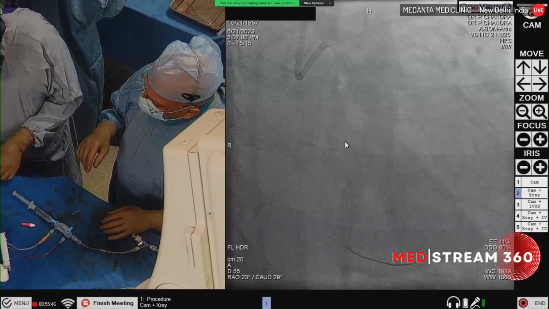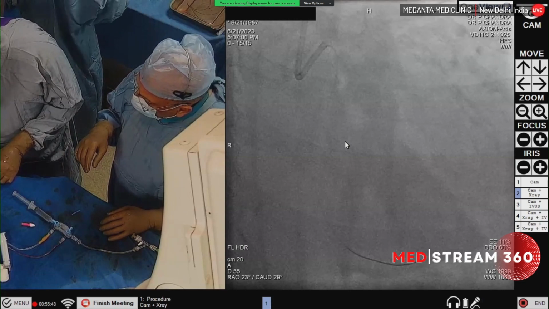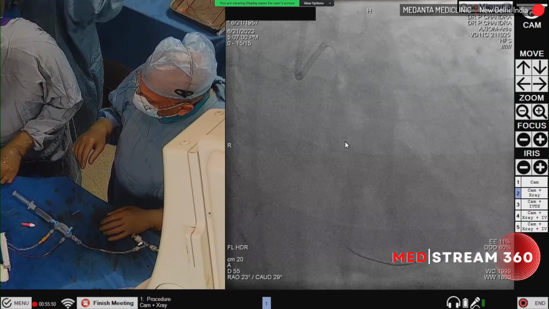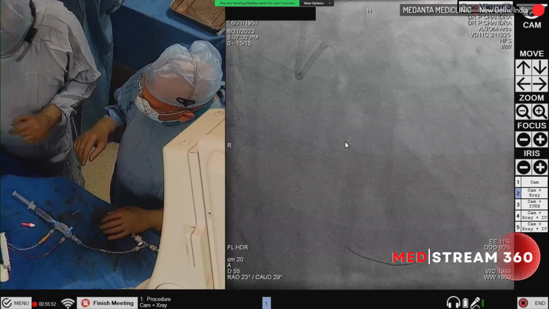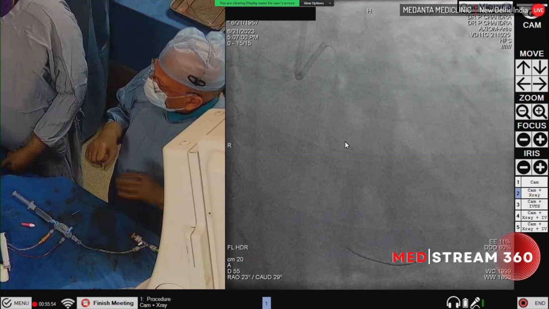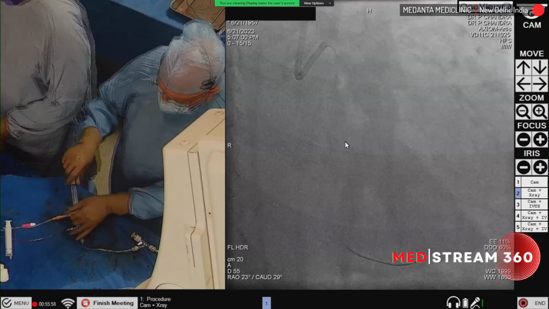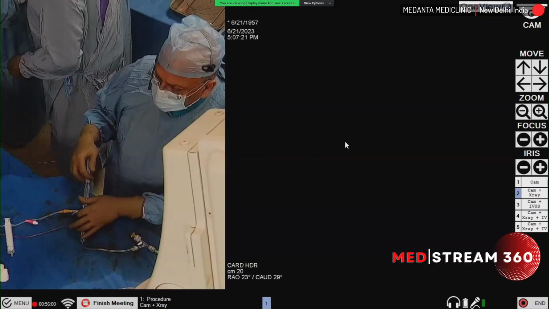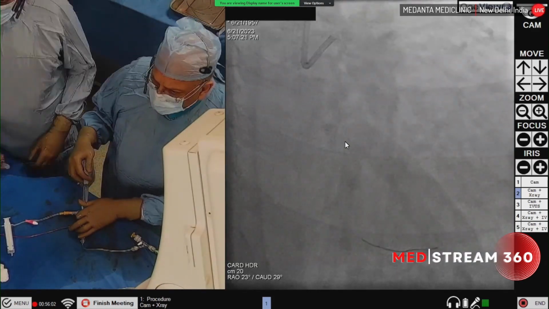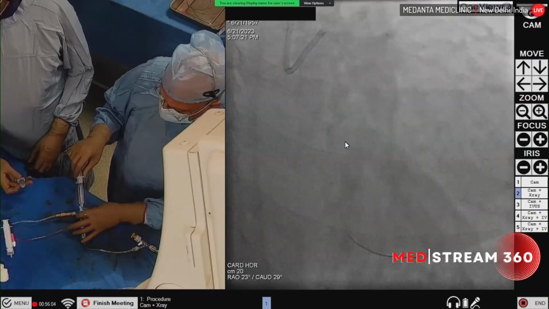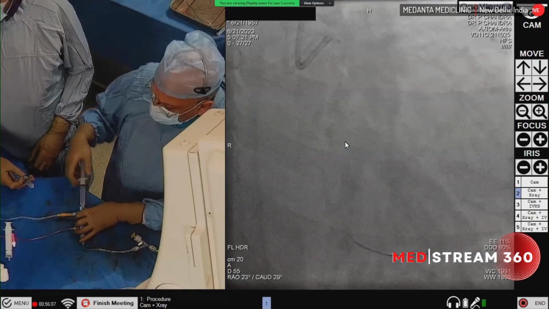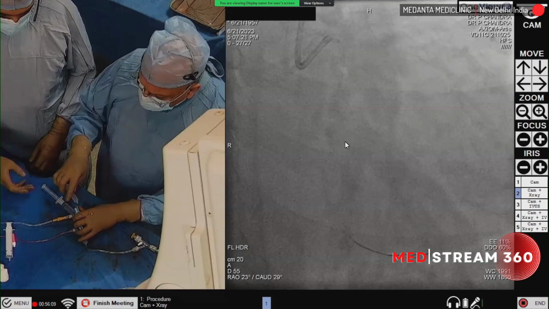We can now check again, finally, with the same wire here connected. Yeah. NTG. Yes. So we have two, three types of drug-eluting balloons here. What is this? Nitro? NTG. Okay.